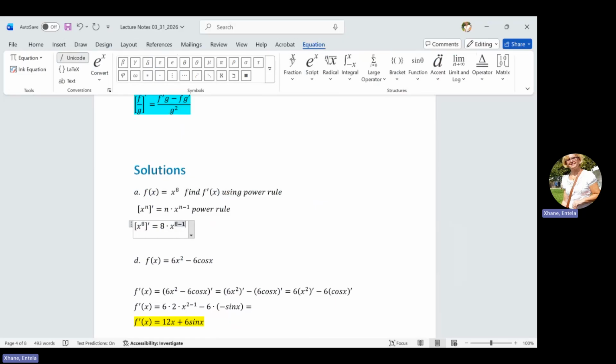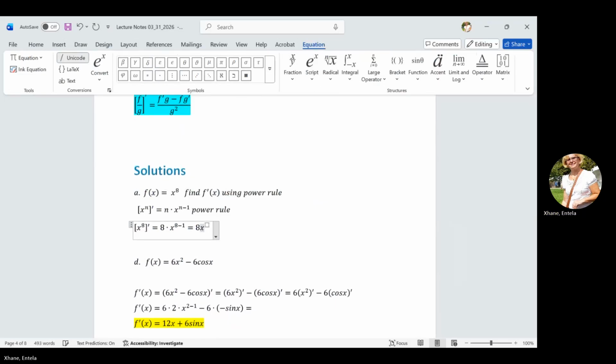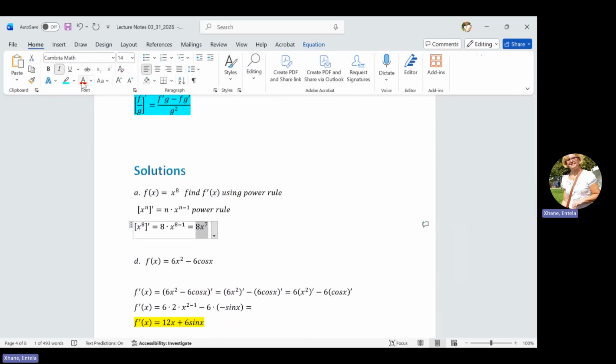So the current exponent, just bring it in front of the variable x as a coefficient, and then decrease that exponent by 1, and then simplify. So that becomes 8 multiplied by x to the power 7, and that's it. And that's going to be the final answer for part A.